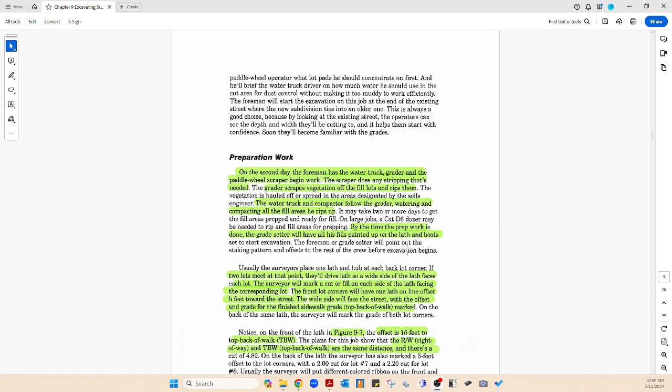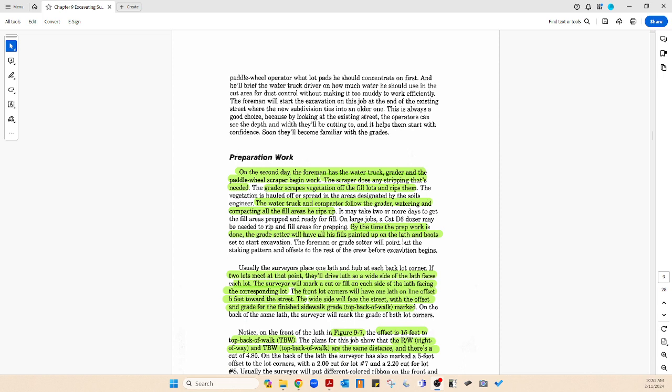It says on the second day, do I have that in my notes? It says on the second day, the water truck and the grader and the paddle wheel scraper begin to work. The scraper starts stripping. That's where you start stripping the topsoil. That's usually done by the scraper. The grader will go to fill sites where there's vegetation and begin scraping that off and spread it out to dry.